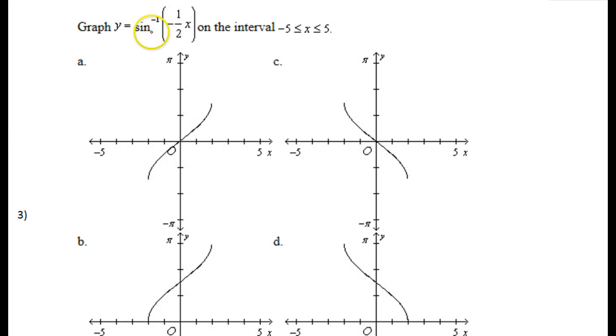Graph y equals inverse sine of negative 1/2 x on the interval -5 to +5. Before we do anything else, whenever you're dealing with inverse trig functions, you're dealing with restrictions.